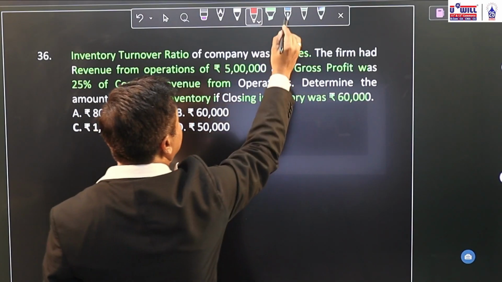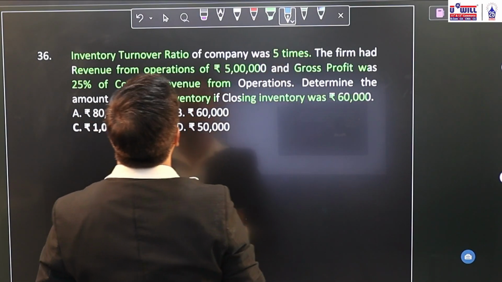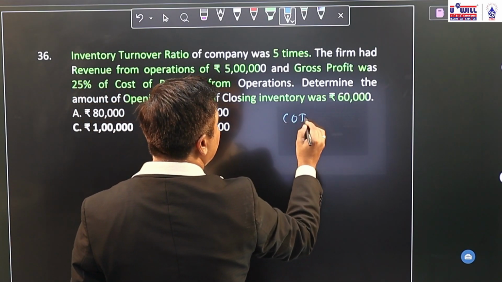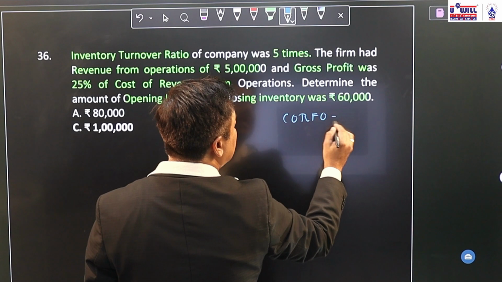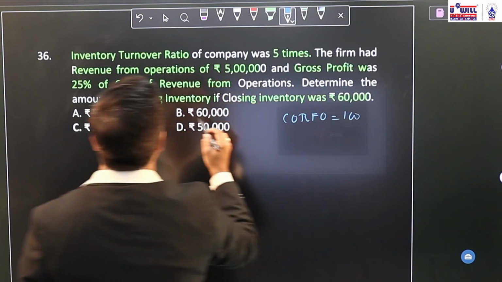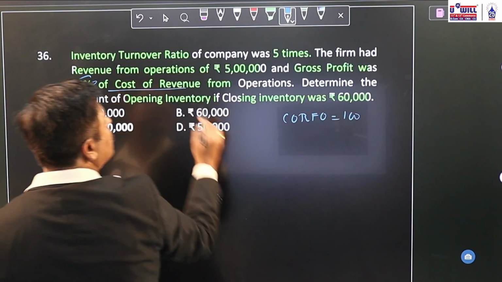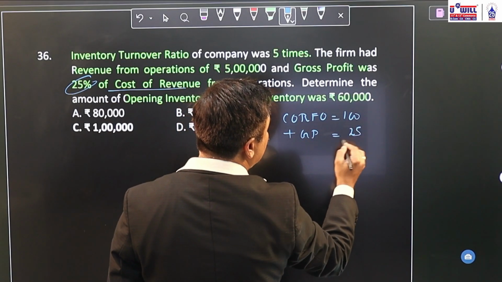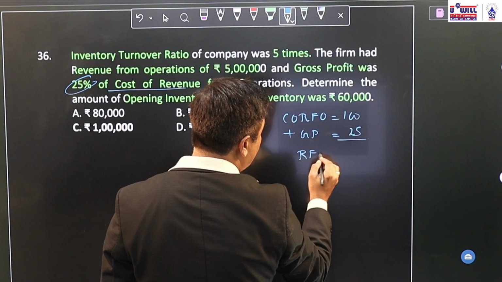First of all, let us find cost of revenue from operations. Suppose cost of revenue from operations is 100. Now 25% of cost is our gross profit. So sales or revenue from operations would be equal to 125.